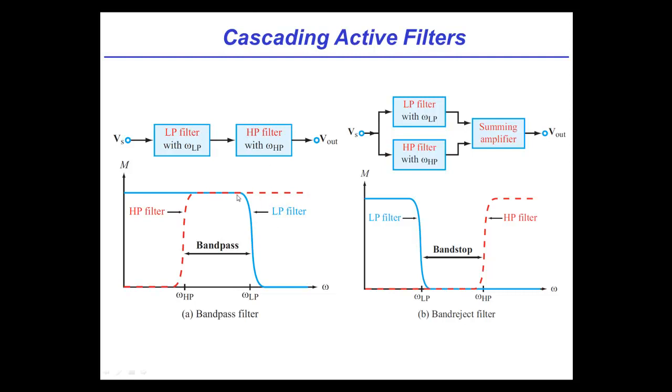Why can't we just do this? Why do we need op amps to do this? Why couldn't we just take a low pass filter and a high pass filter of the passive kind? Well, one big reason is that when we start putting all these filters end to end, they each are attenuating the signal a little bit. It's the fact that these have gain in both of them that allows you to adjust all of it so that the part that you're passing, you boost back up to 1.